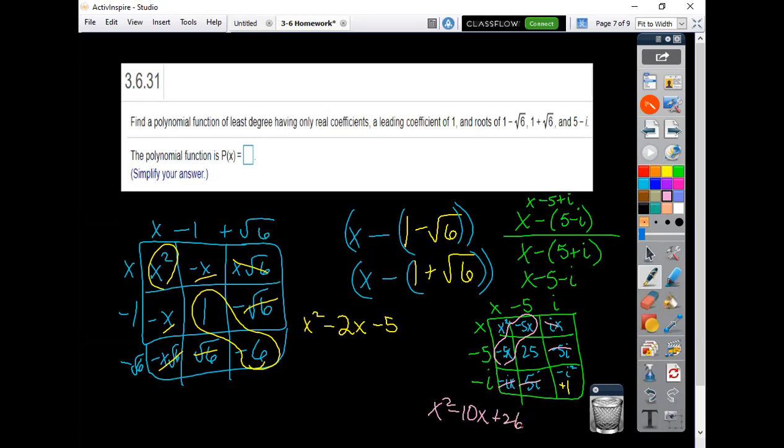So now, man, I think this is really gross that they find the polynomial and they usually want you to multiply these all the way out.